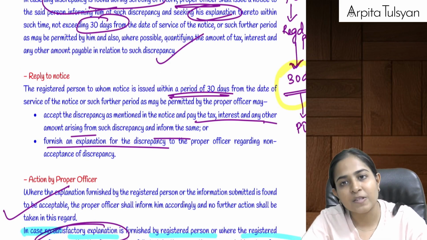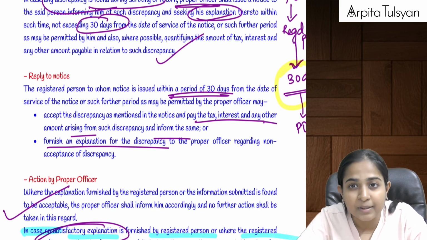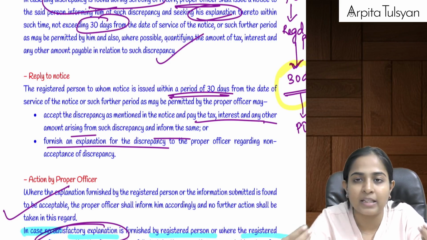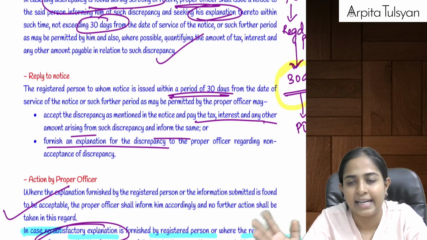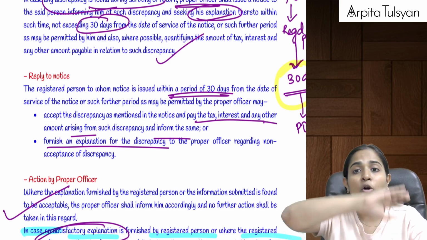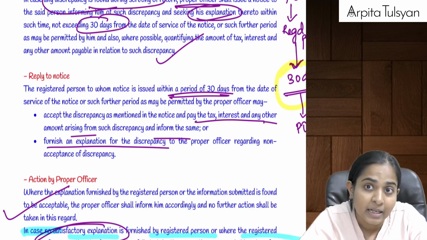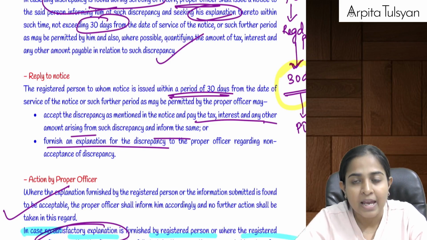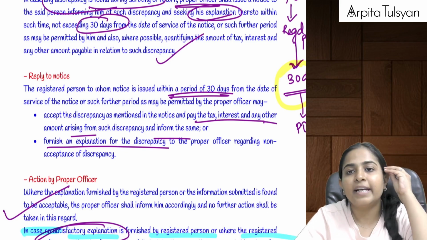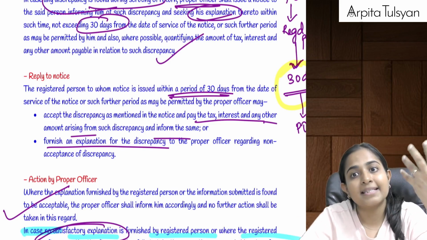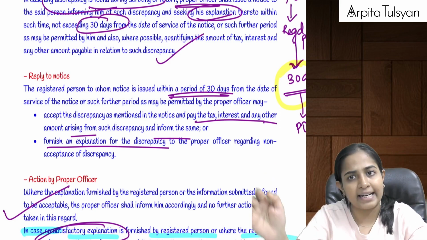What can be the possible reply? Either he will accept the discrepancy, and then he will have to pay the differential tax, interest, penalty, late fee, whatever is applicable. Or he will not accept the discrepancy and will give an explanation to the proper officer. If the explanation is satisfactory, well and good, everything gets over there itself.